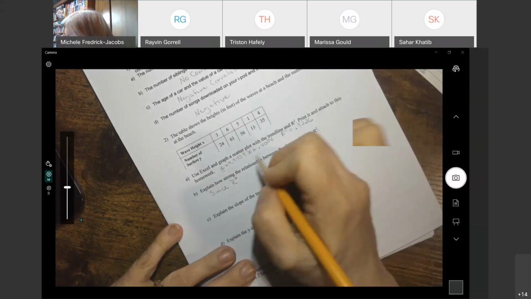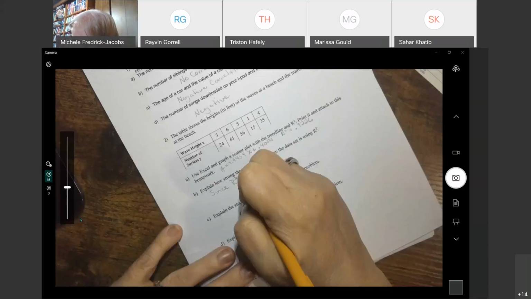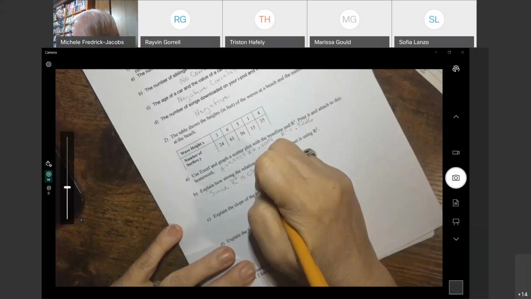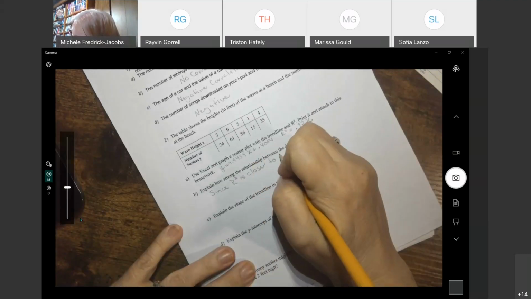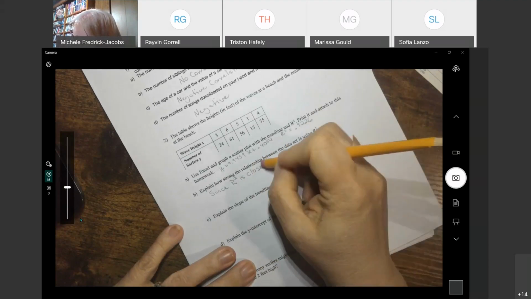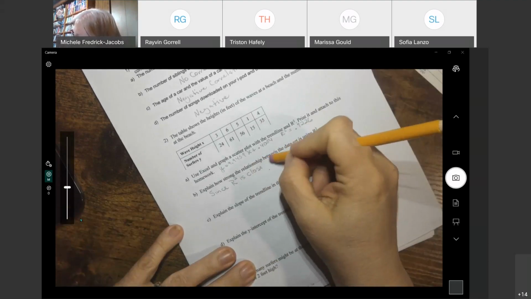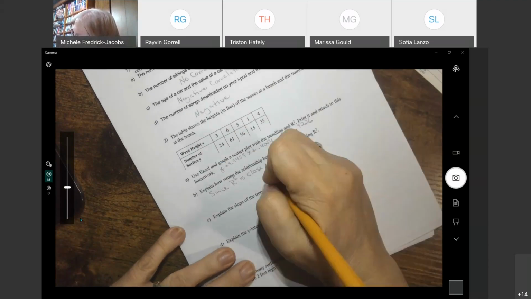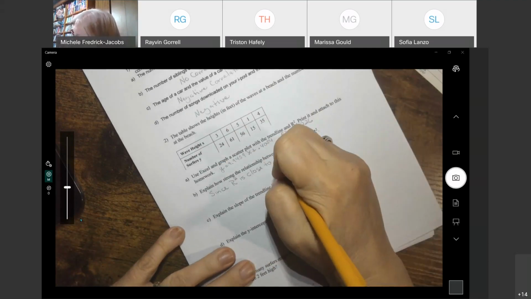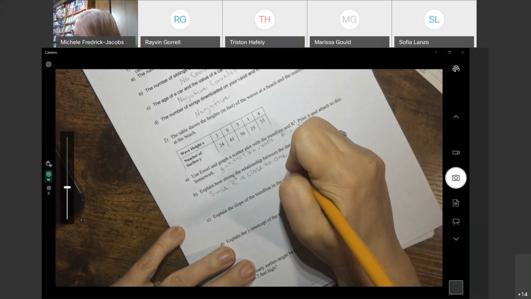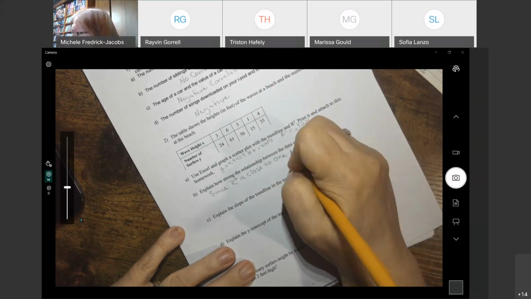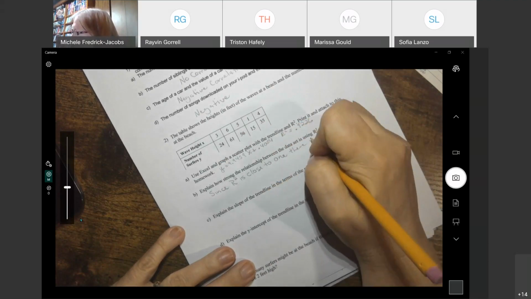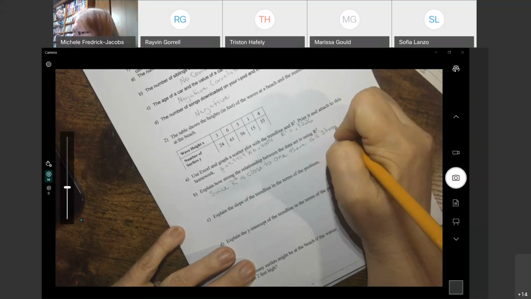I said something similar, but I said that it was a strong relationship because the R squared is above 0.5. Because I remember hearing something in the book about if it was 0.5 or above, then it's a strong relationship.